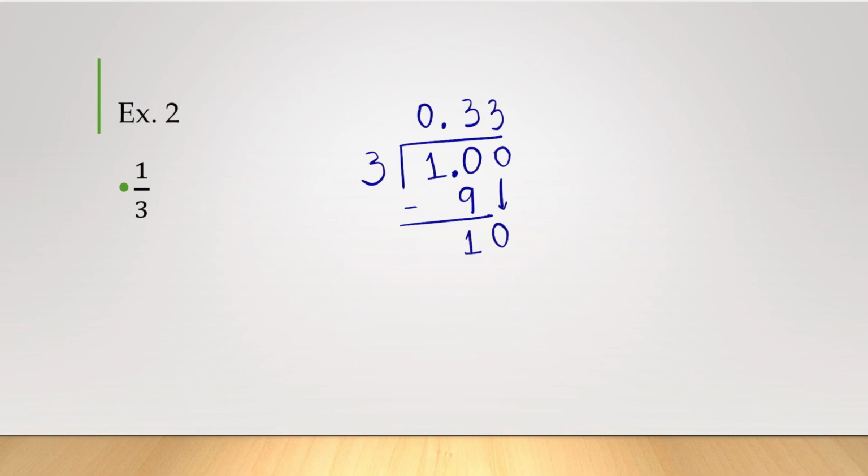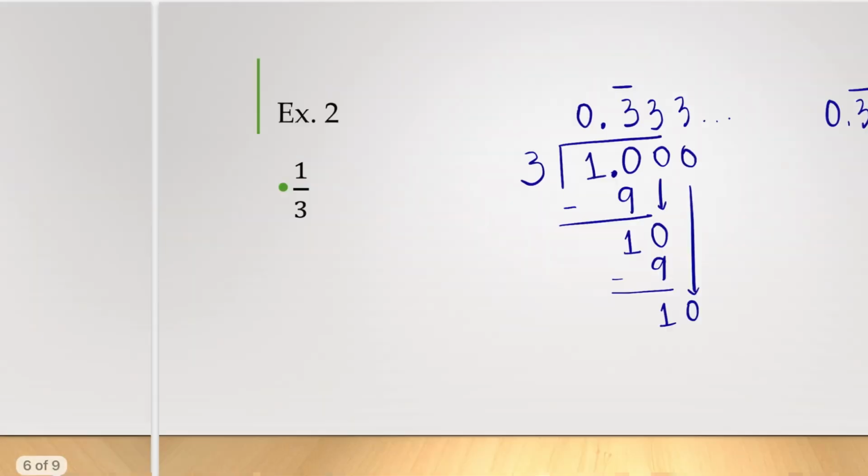And again, I have another 10. And I'm actually going to end up with the same pattern, because I'm just going to keep on adding zeros, and I'm going to keep on having 10 and then 3, etc. And so this is my answer. I have 3 repeating, so I would just say 0.3 repeating. So that was the other case. In the previous one, we ended right away.